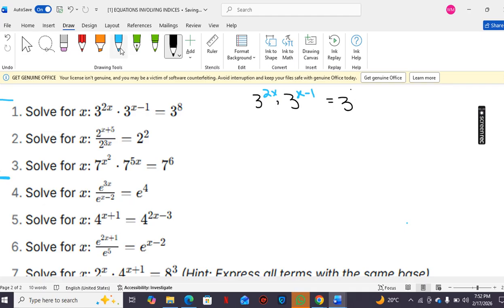So again, we apply the product rule for indices, where when you're multiplying the same bases, you add the indices.